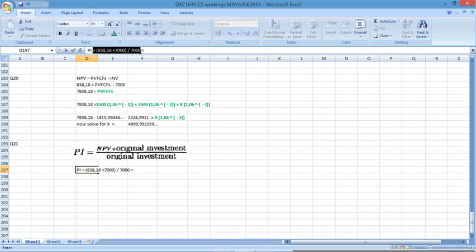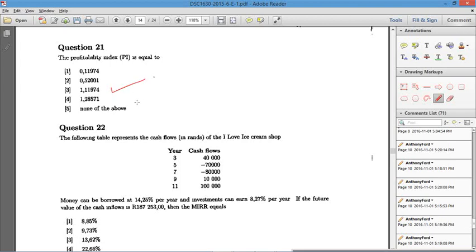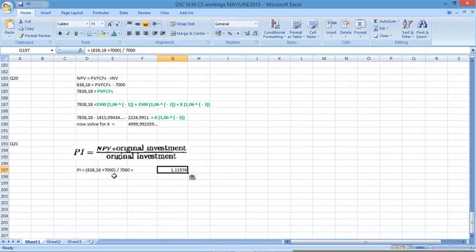Take the one amount divided by the other amount and you get one of the options. Option number 3.